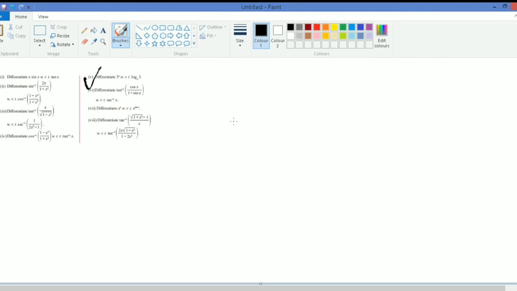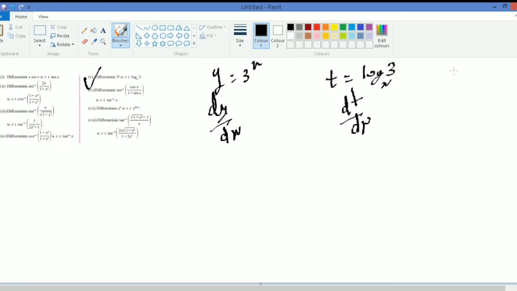When they write differentiate 3 raised to x, so y is equal to 3 raised to x, with respect to something, let's take this as t. So here it is log of x to the base 3. Now y is given, t is given, and we have to find dy by dx and dt by dx, and then divide. So let me first do dy by dt.